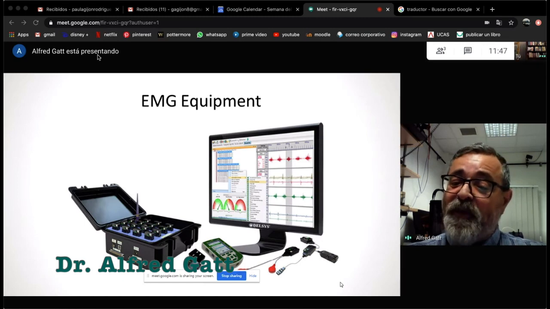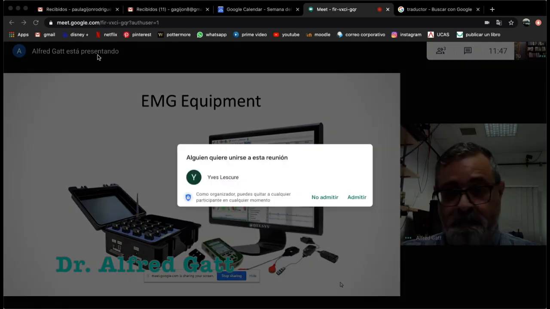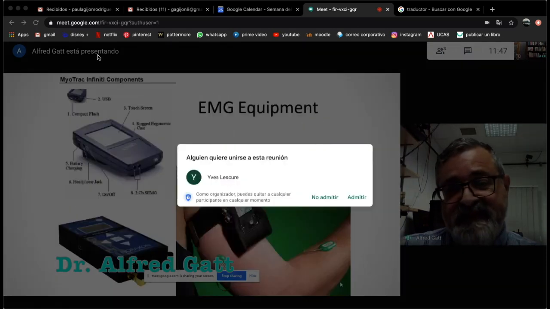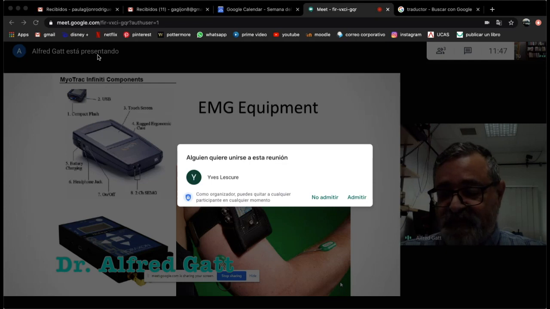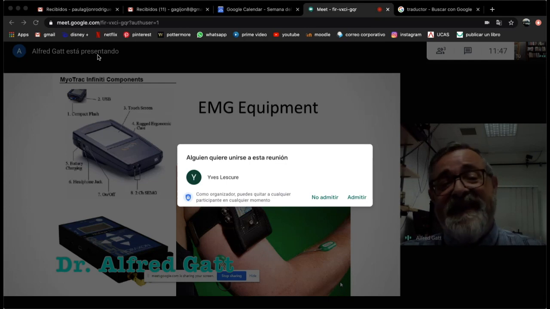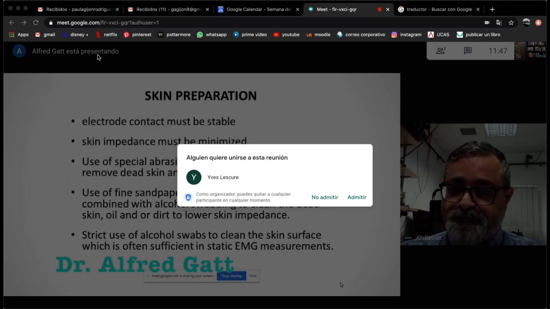There are also portable systems which one can take out in the field. And this EMG equipment, again, as I said, there are various, and I'm not here to do any advertising for any manufacturer, make it progressively easier for us to do these EMG tests.